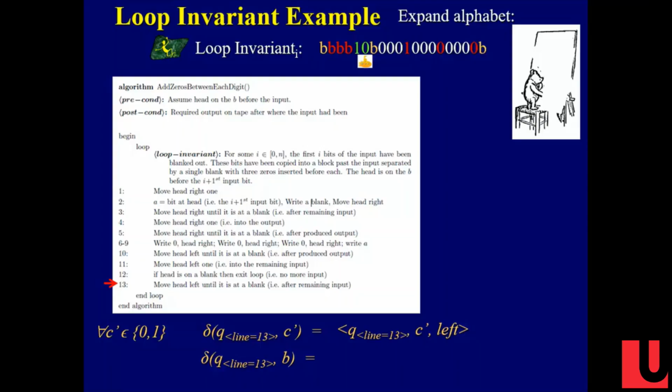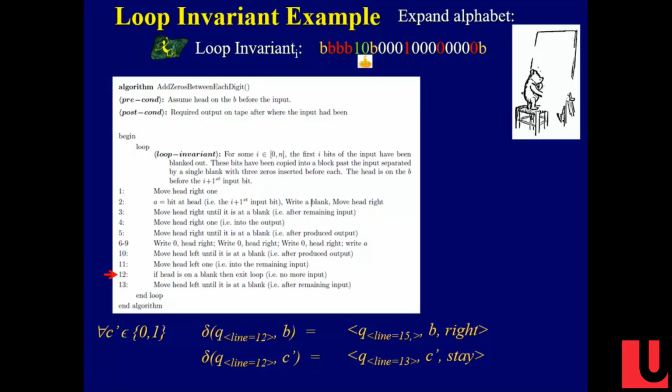And what line do we want to be on now? Right? We go back up to line 1. Does that make sense? Do you have a question? If you're at line 12, previous slide, second bottom line, if we read C prime, which is either 0 or 1, shouldn't we be panicking? No, because we were here, and we moved left until we got to a blank, and then we moved left one more.